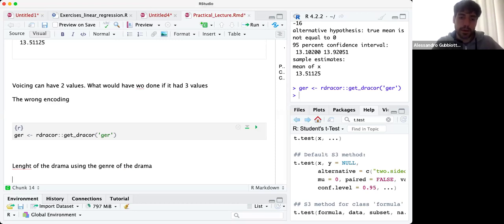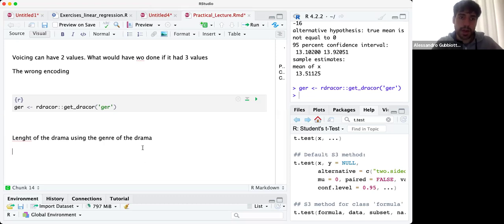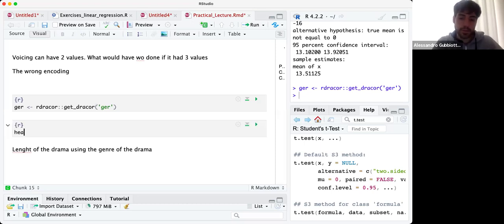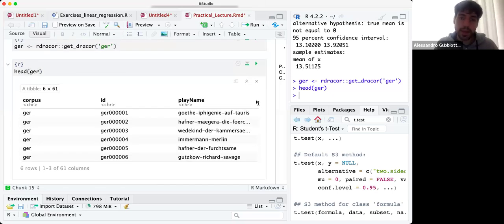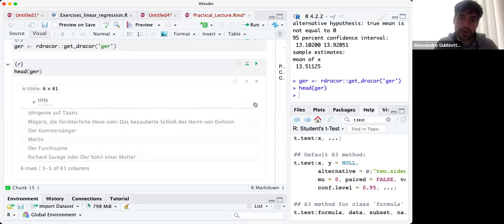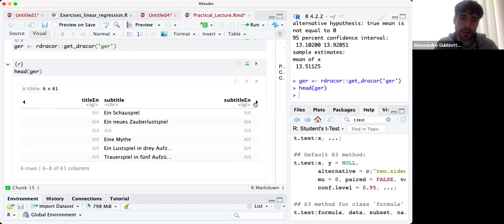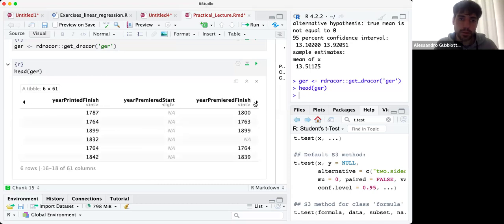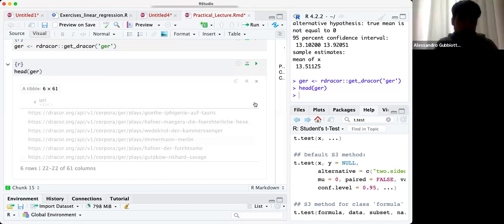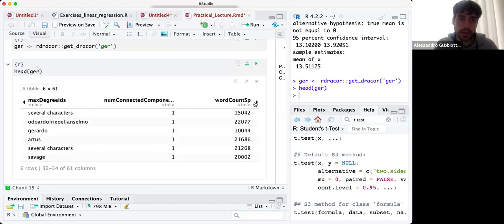So the column normalized, let me plot. Well, there is the play name, this is not important, the title, the subtitle, the source, different kinds of data.